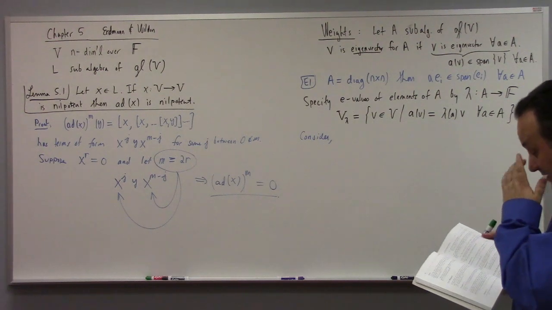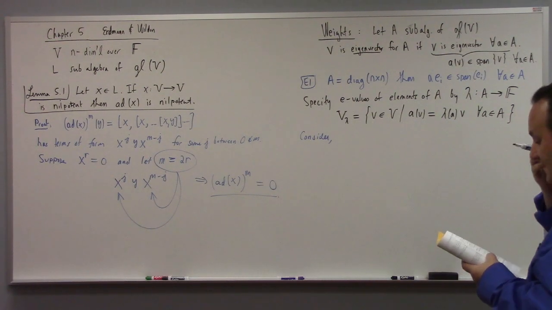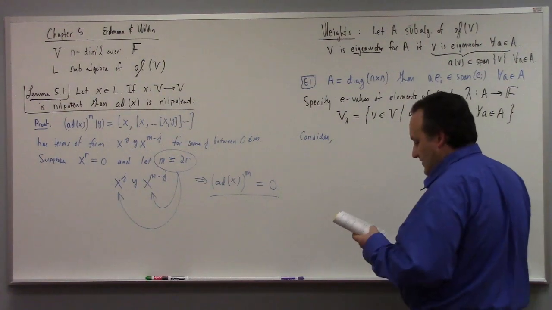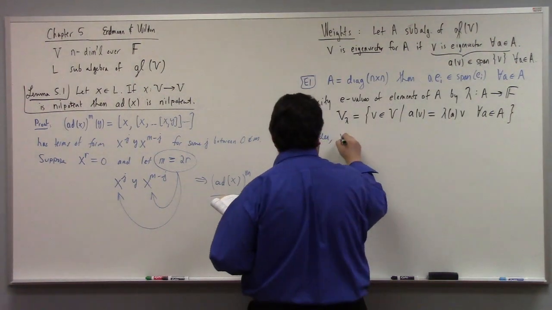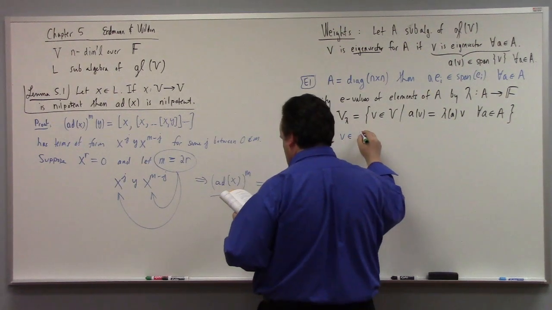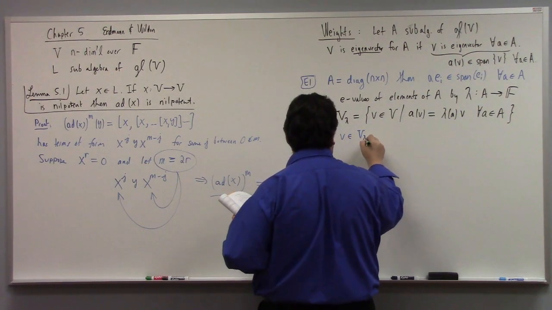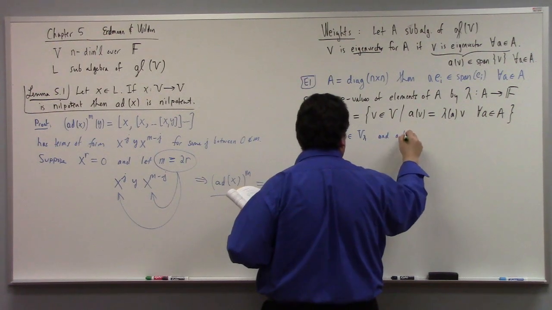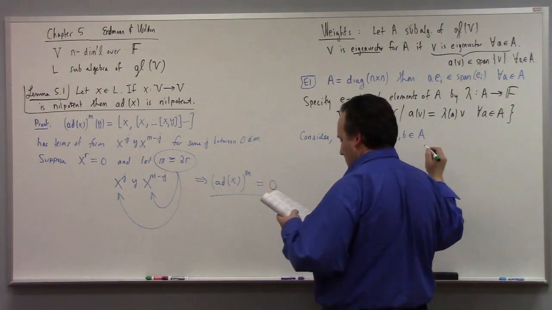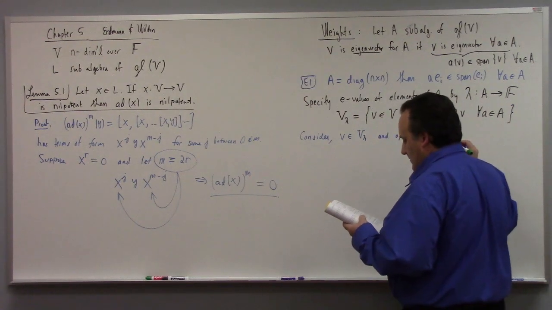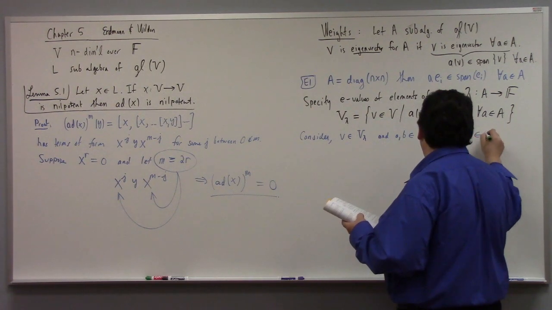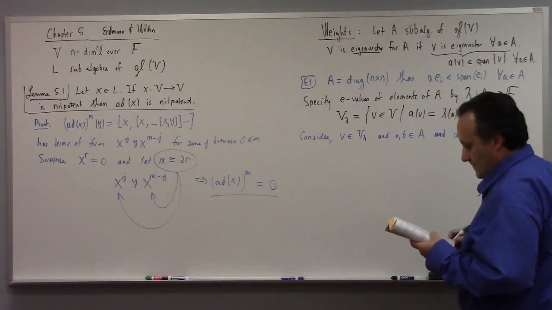The giggling will subside soon. All right, so he's like, consider v an element of V_lambda and a, b in the algebra that we're looking at, and alpha and beta scalars in the field. All right.